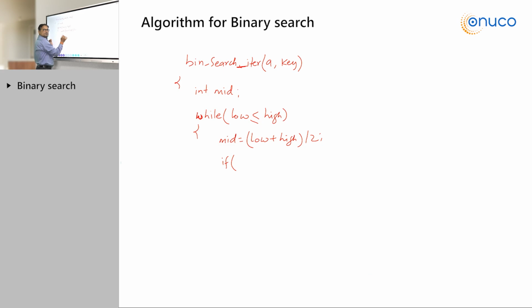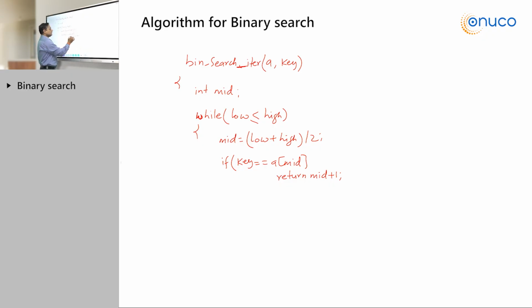If key is equal to A of mid, then what are we going to do? We are going to return mid plus 1, or you can print it here: printf element is found at so and so position.